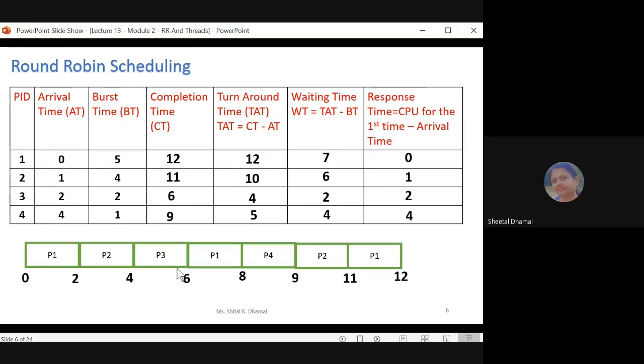And for process P4, the CPU was assigned at 8 time units but it arrived in the ready queue at 4, but it got the processor at 8, so 8 - 4 is 4.